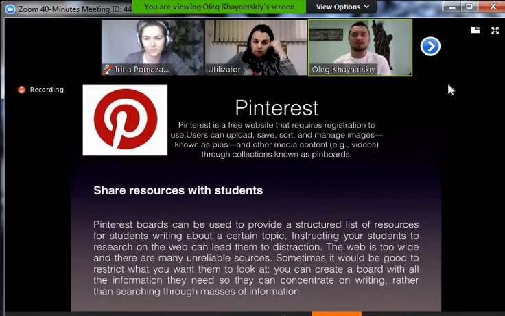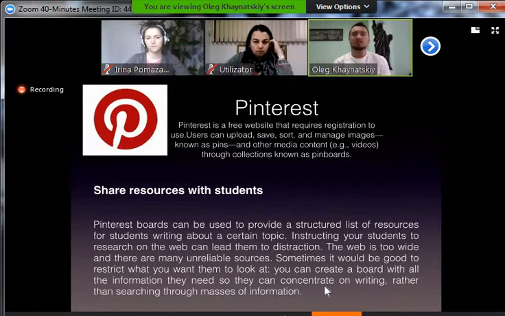But please try to instruct your students in some specific way, because instructing your students to research on the web can lead them to distraction. And I'm sure that we don't want our students to be distracted while using their smart devices. The web is too wide and there are many unreliable sources when you use Pinterest.